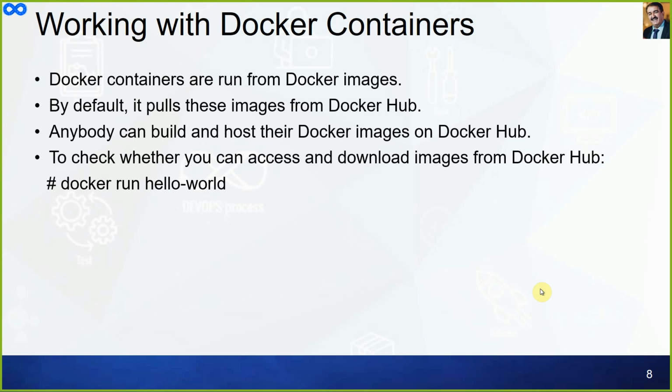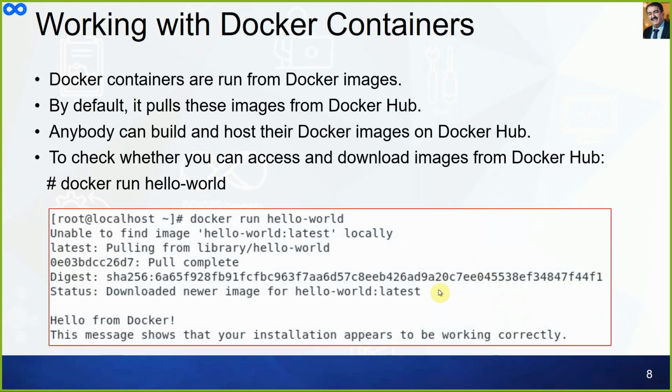It will search for the image locally, and if the image is not found locally, it will go and search for the image at Docker Hub, download the image and run the container from that image. So that's what you will get, this kind of output. When you directly try the docker run command, it will check this, unable to find image locally. Therefore, it will pull the image from Docker Hub, and then it will run the container and display the output when the container is run.